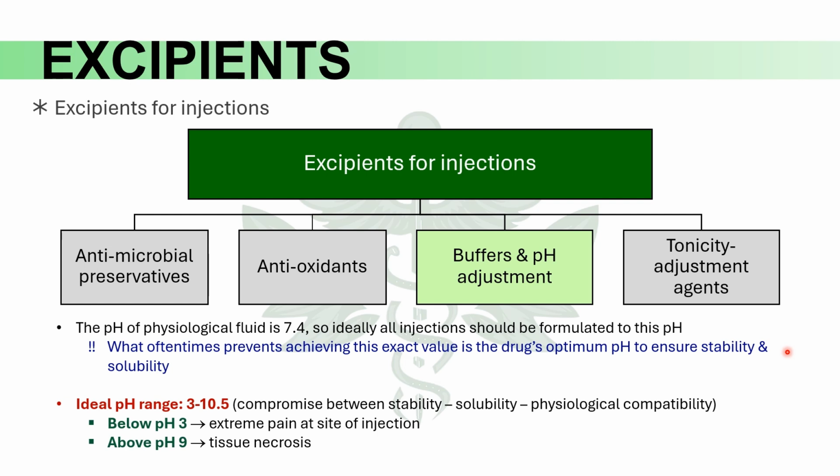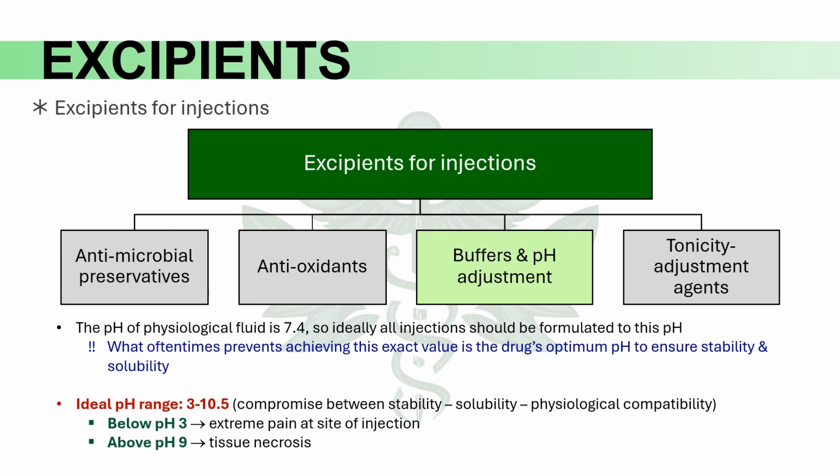So practically, the actual pH of parenteral products ends up being a compromise of the optimum pH for stability, solubility, and physiological compatibility. The ideal pH can range from between 3 to 10.5. Below pH 3, the patient would experience pain at the site of injection, and above pH 9, tissue necrosis would occur.